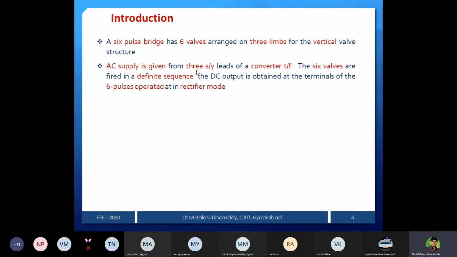AC supply is given from the 3 secondary leads of a converter transformer. On the primary side, the converter input side, we have 3 phases, and there we connect transformers.